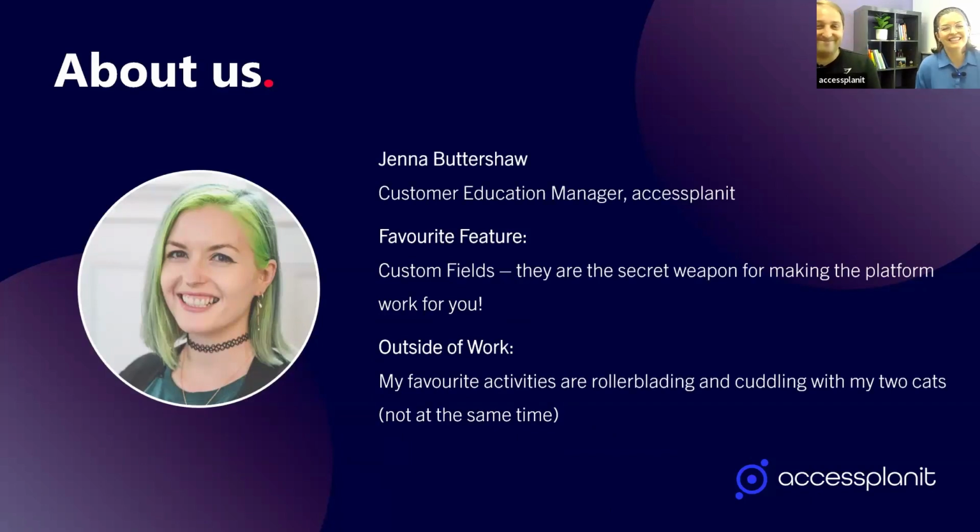Nice. And hi, for anyone who doesn't know me, I'm Jenna. I'm Access Planet's Customer Education Manager. Favorite feature, custom fields. I have to say they make the platform work for everyone. And then outside of work, I love rollerblading and also cuddling the cats. And then, as it says here, obviously not at the same time. That would be chaos.